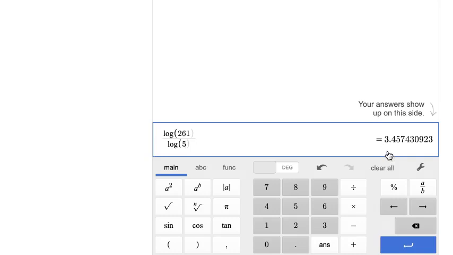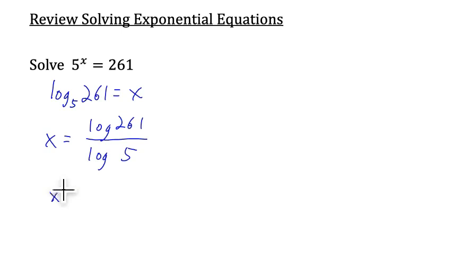And we are at the answer, so let's go ahead and round to 2 decimal places. That would be 3.46. So we just figured out that 5 to the power of 3.46 is about equal to 261.